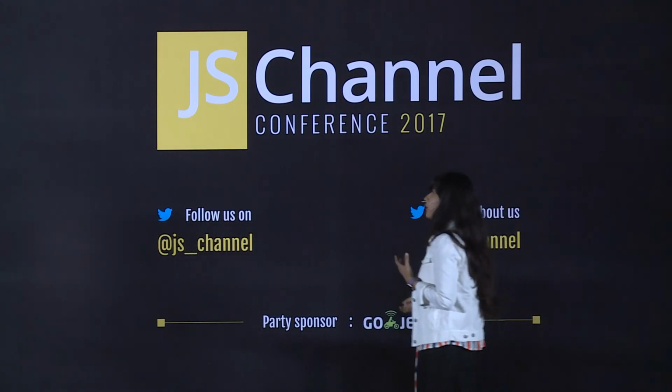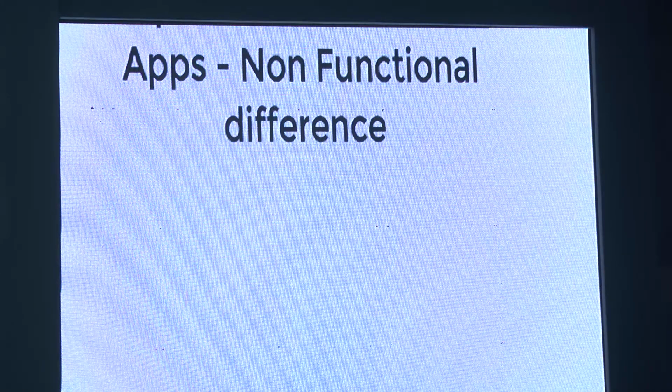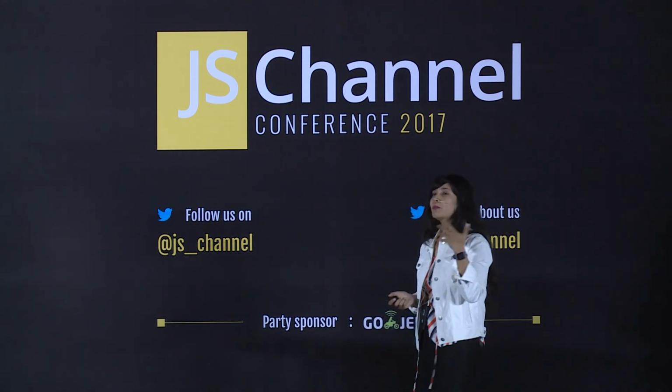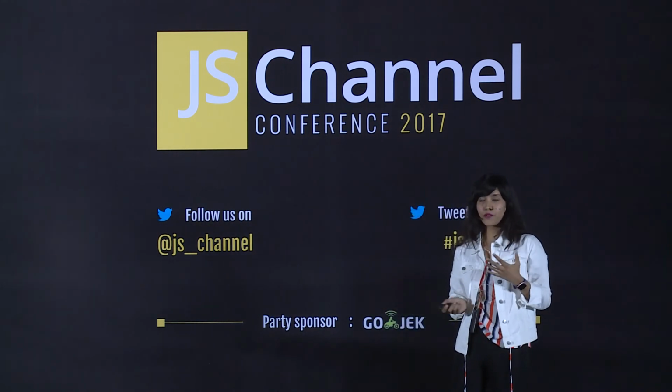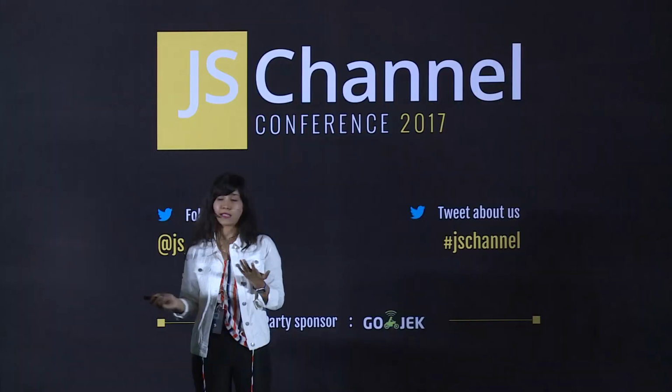The third kind of difference is the non-functional difference, which was a big differentiator for us. So basically, when I told you that these entities got onboarded with us, what I'm talking about is different tech teams. For example, in one sub-app, in one entity, the engineers decided to go ahead and build their application with React, right?